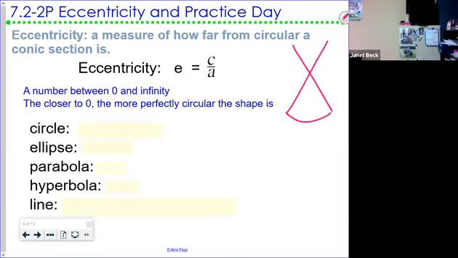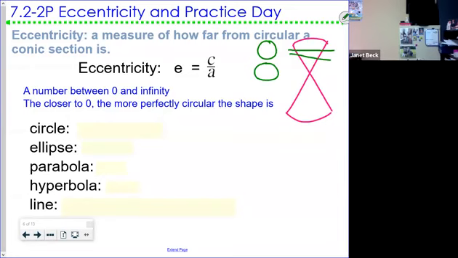This is a 3-dimensional cone, and when we cut it perfectly across horizontally, the cross-sectional area would be a perfect circle. If we cut it at a slight angle, we get a circle that's slightly stretched in one direction.